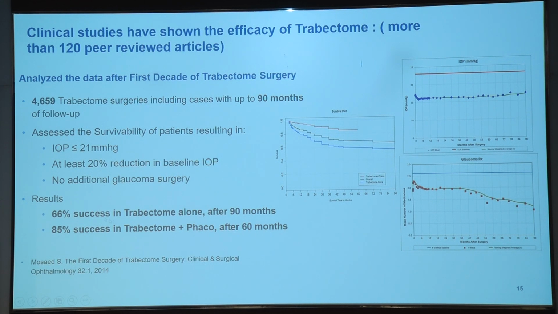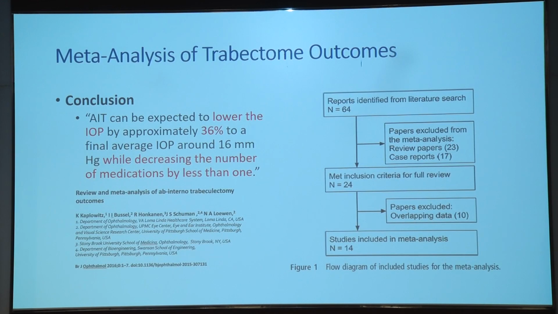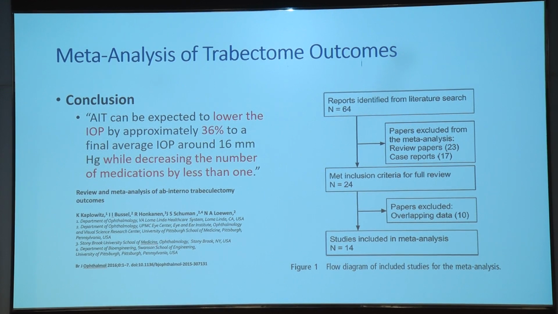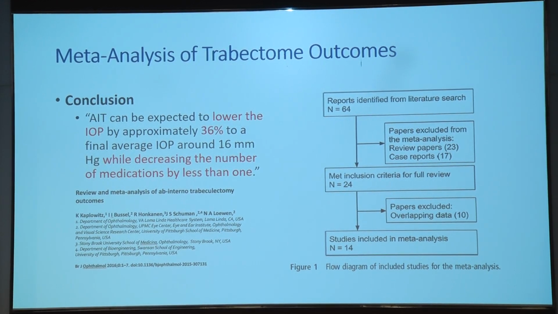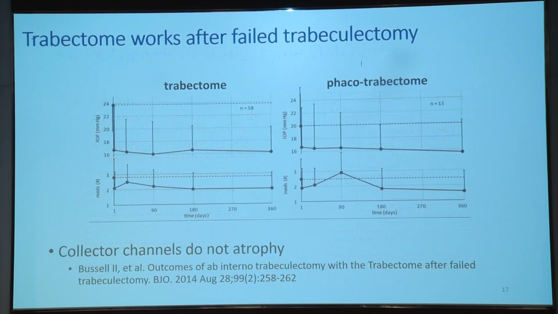And the results were that survival analysis was done, and 66% success was achieved in trabectome alone and 85% in phacotrabectome. And it was concluded that it lowers the IOP by approximately 36% while decreasing the number of medications by less than 1.